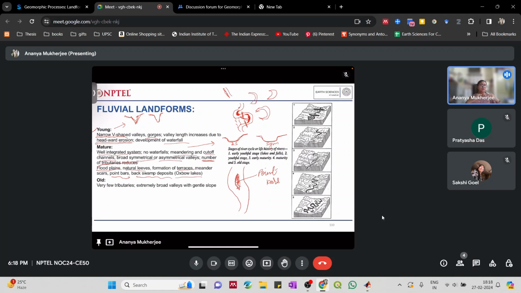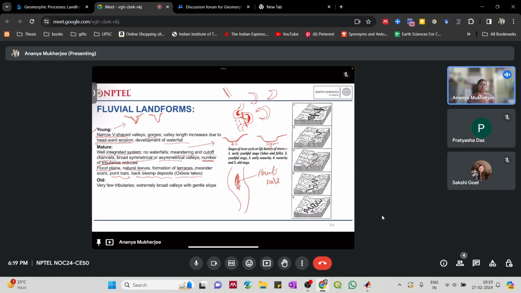So because of the high sediment load getting deposited, and the water itself has a very low rate of flow at the older stage of its life, there are no more incoming channels or incoming tributaries which are giving more water to the channel.